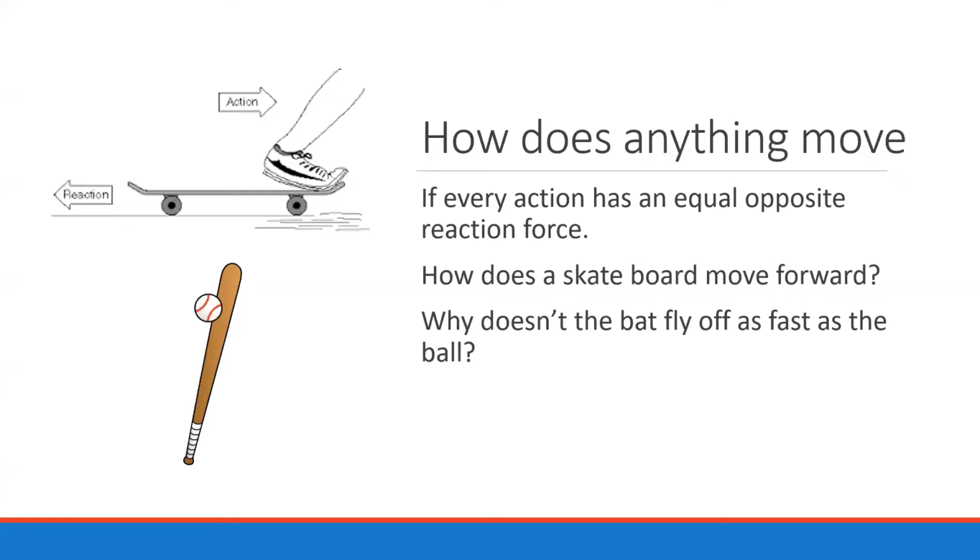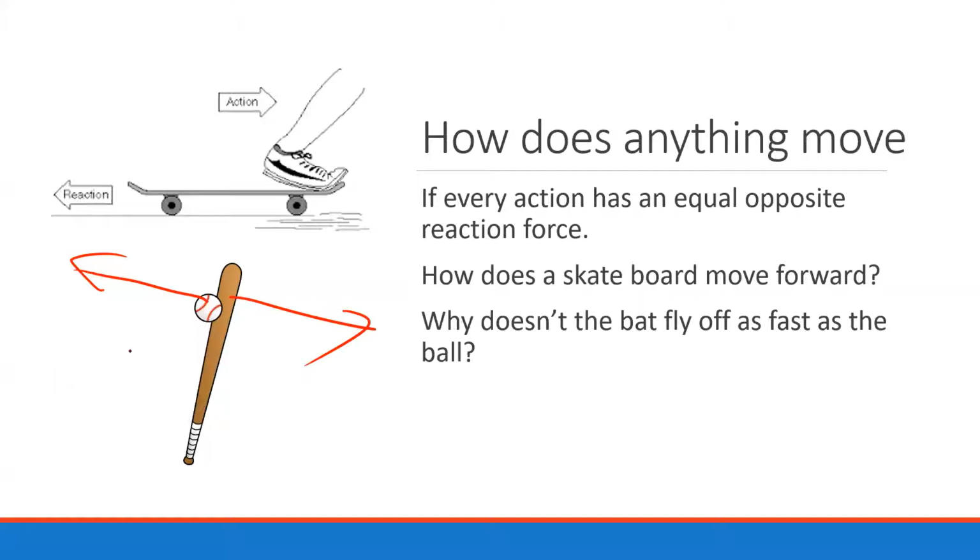Then we wrapped up by talking about the problem with mass. If I had to hit a baseball with a bat, they should experience the same force. So why doesn't the bat go flying backwards? The answer has to do with the fact that they both experience the same force, but they experience it differently. What do I mean by that?